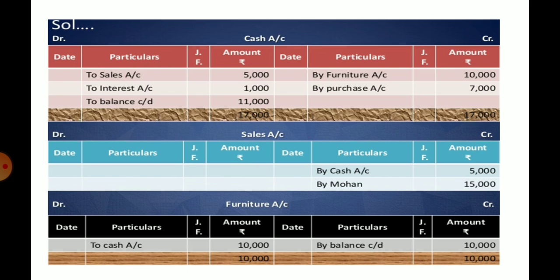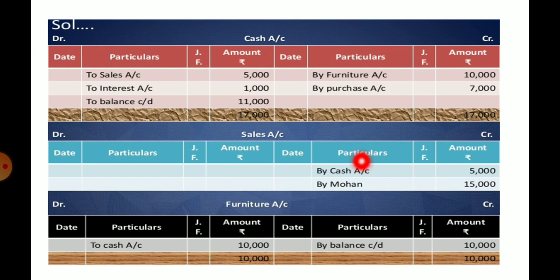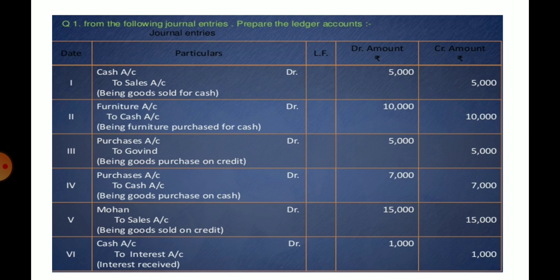Now the sales account. Find out where sales is. Here is sales, so sales is on the credit side, so its related account should be posted on the credit side, by cash 5,000. And another sales entry we have to find.